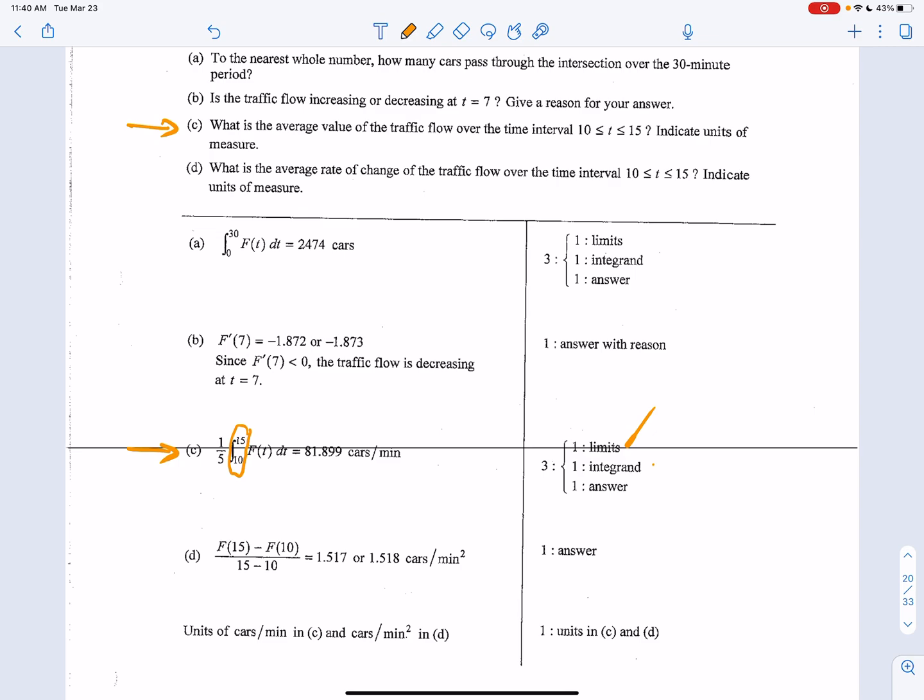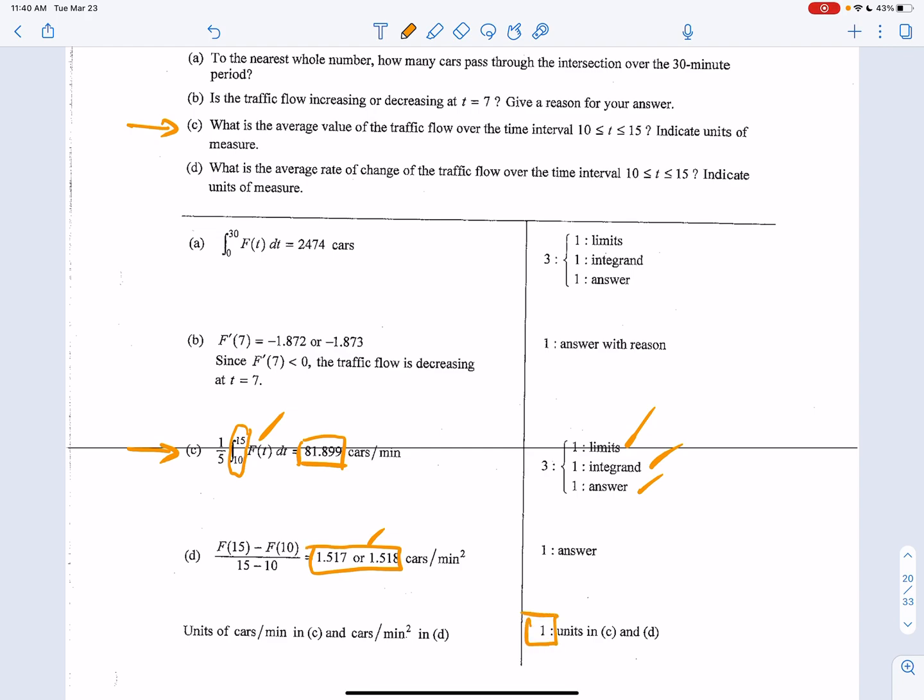You get 1 point for just putting the function in the integral. And then you get 1 point for the answer, just for 81.899. Okay? In part D, it's straight up answer. Okay? So either of these two. But then they give you a bonus point.